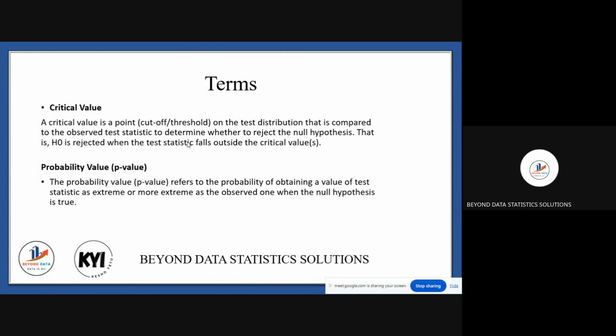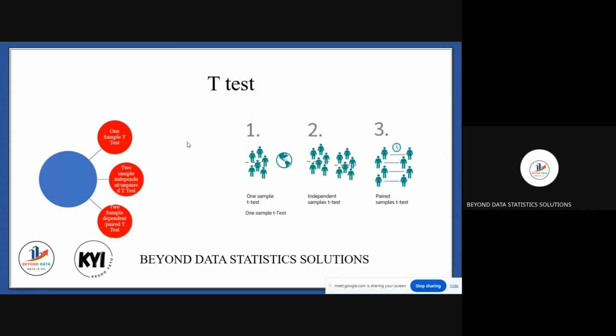We are also usually provided with the level of significance, which is 5%. In probability, we turn it to 0.05. So we compute the probability value for our data and compare it with the threshold, which is 0.05. These are the statistical terms that we use to make a decision in hypothesis testing.